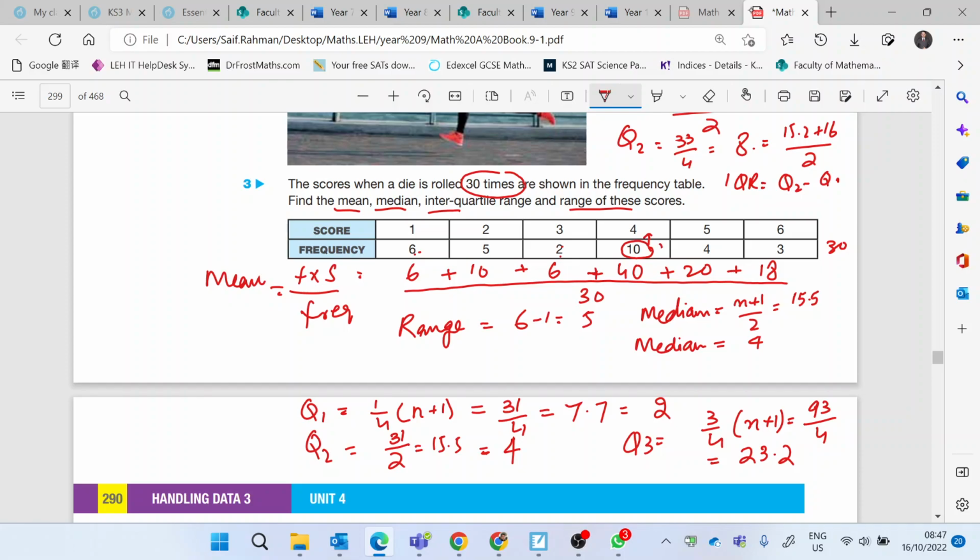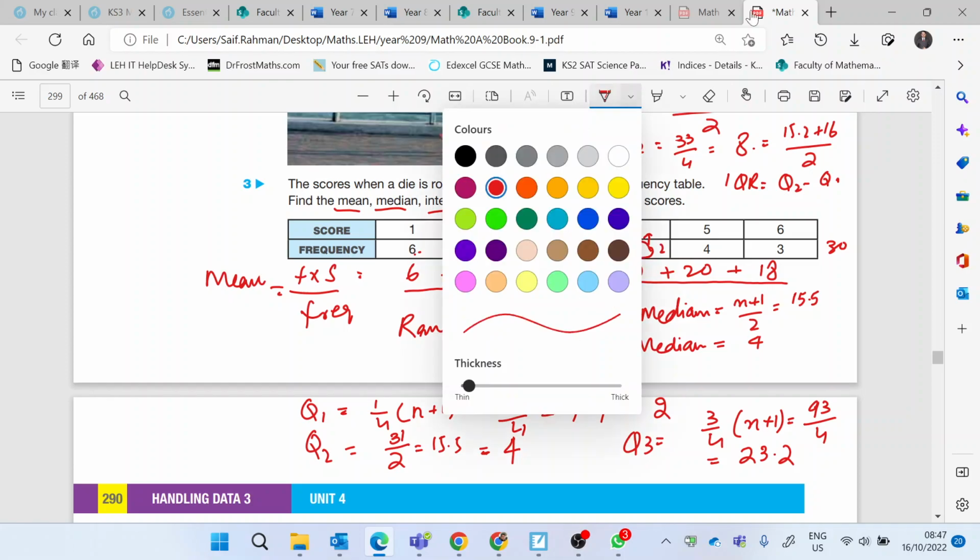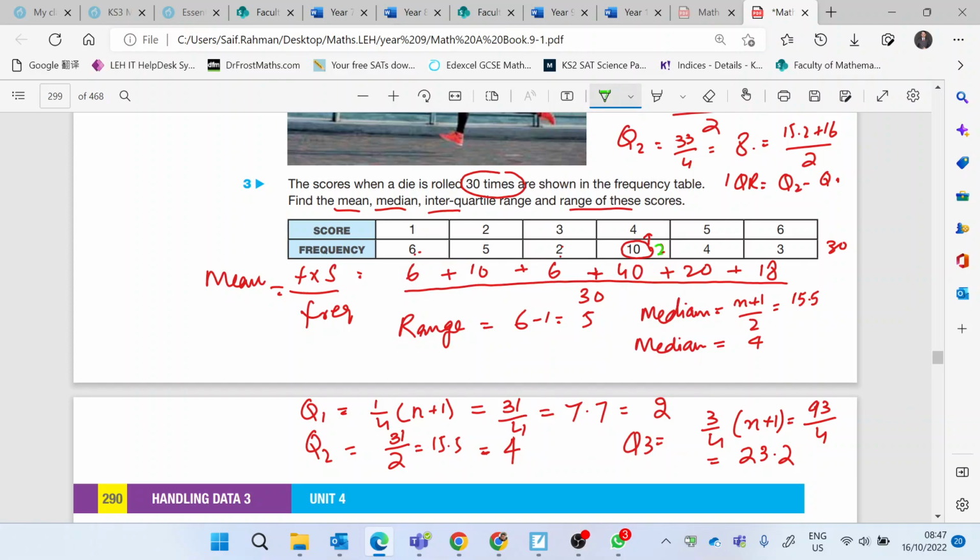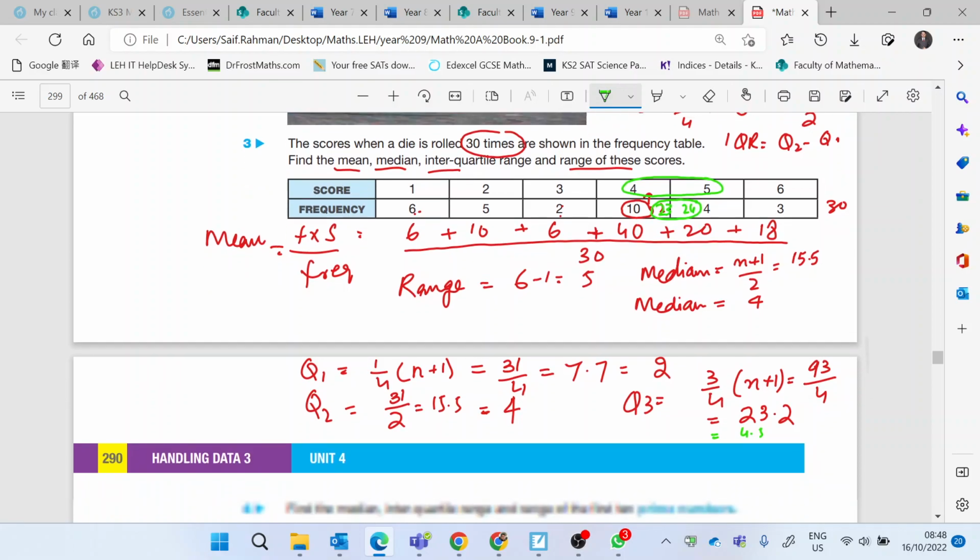So the 23rd value falls here, and the 24th value falls here, right? So in these two, that means our Q3 will be the average of 4 and 5. So the average of 4 and 5 is 4.5. Okay, so Q3 is 4.5.